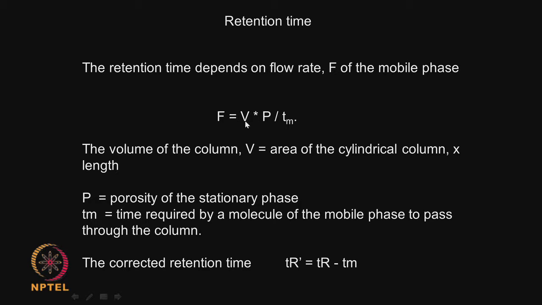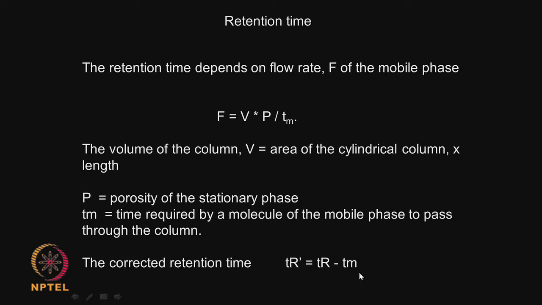So, F is equal to volume into P, that is the porosity of the stationary phase, divided by Tm. That means Tm will be Vp divided by F, P is the porosity, Tm is the time required for a molecule of the mobile phase to pass through the column.